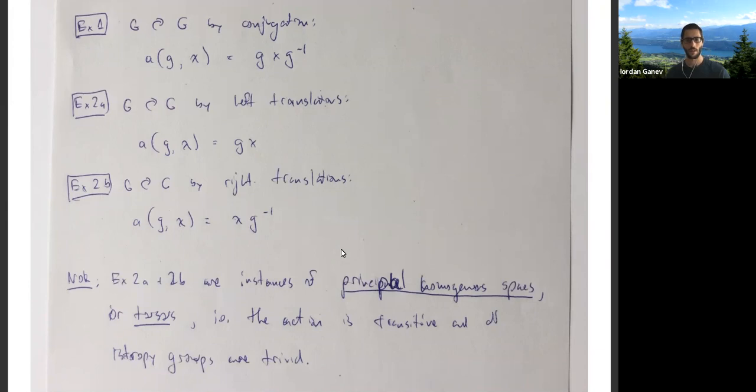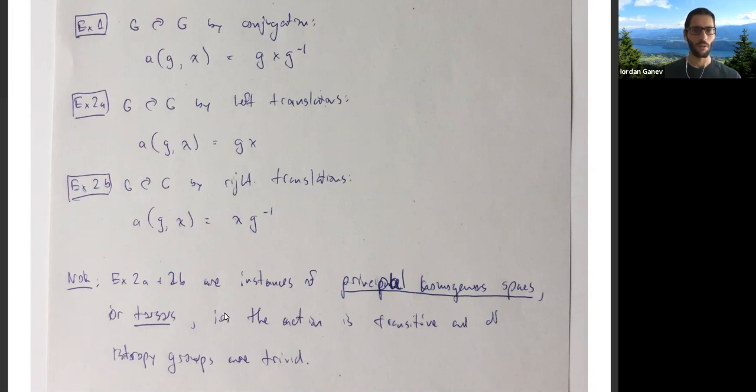As an algebraic variety, the principal homogeneous space is isomorphic to the group, but we think of it just as an algebraic variety, not as a group. It's synonymous with torsor. A torsor and a principal homogeneous space are the same thing. Maybe in some contexts there are distinguishing features, but for our purposes, they're the same thing.